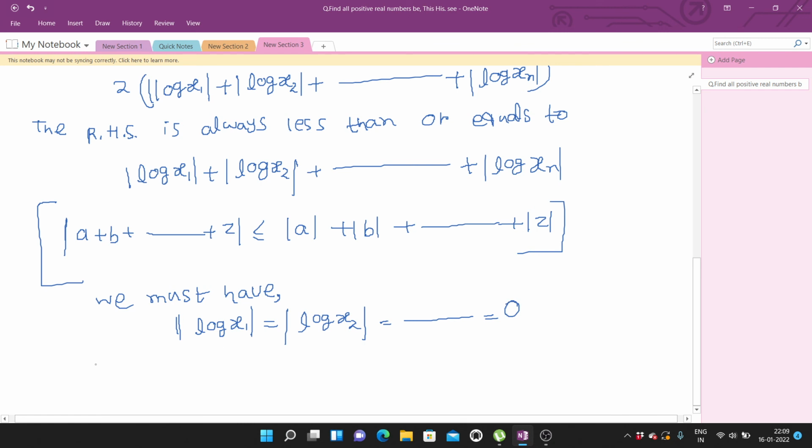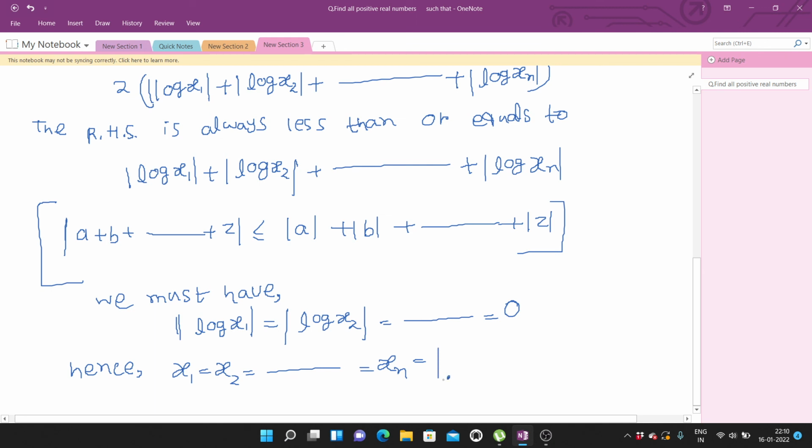If log is 0, then the base is 1, that is, x1 equals x2 equals all the way to xn equals 1.